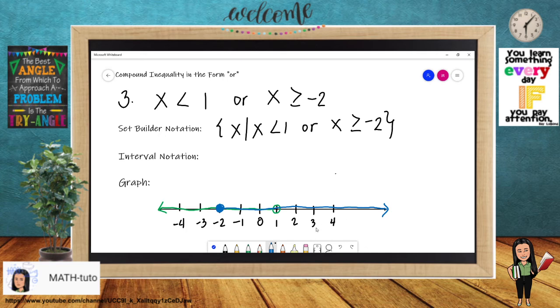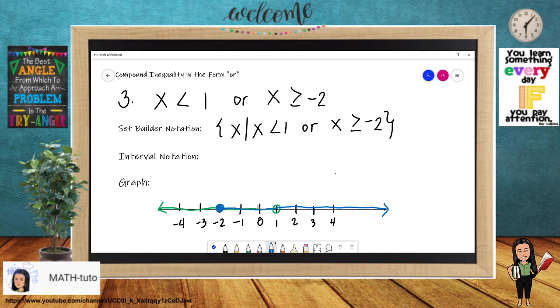It means, since it is joined by the word or, it is a union. Our solution set is a union of the real numbers from 1 down to negative infinity, and from negative 2 up to positive infinity.